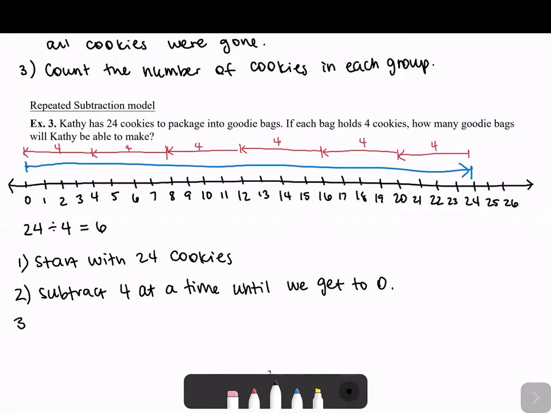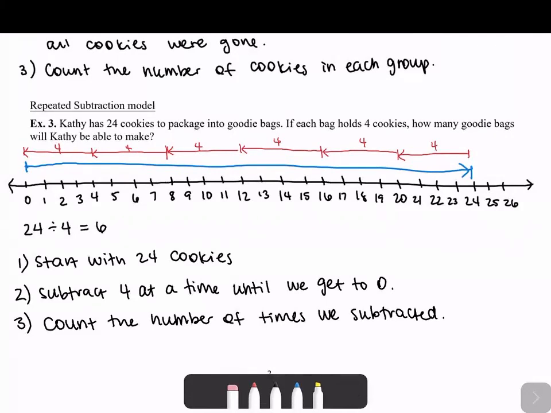And then we count the number of times we subtracted. And we subtracted 4 6 times. So that's how we do this one.